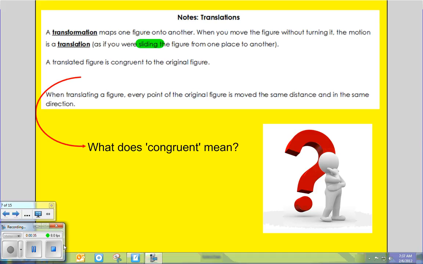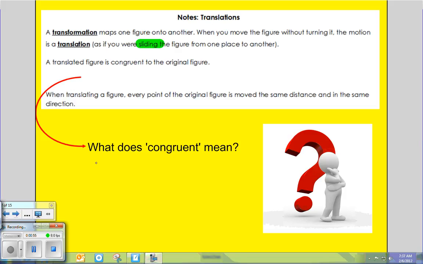So the figure stays in the same orientation up and down, and you just slide it around the page. So a translated figure is congruent to the original. And if you recall, congruent means that it is equal. It's the same size, same shape.